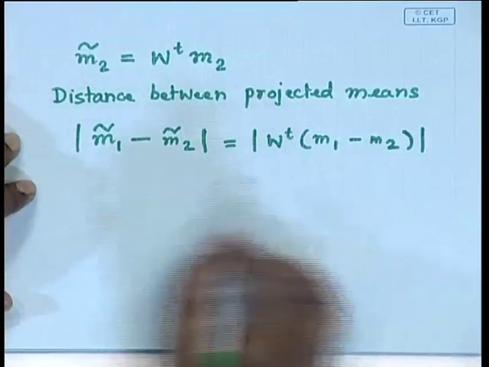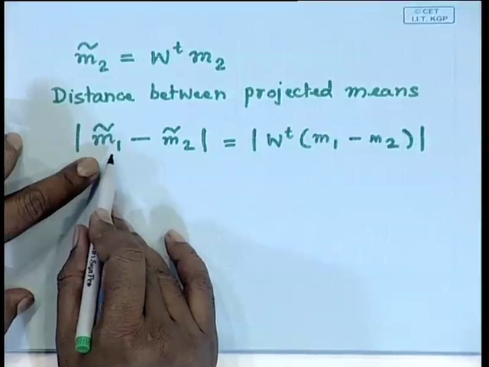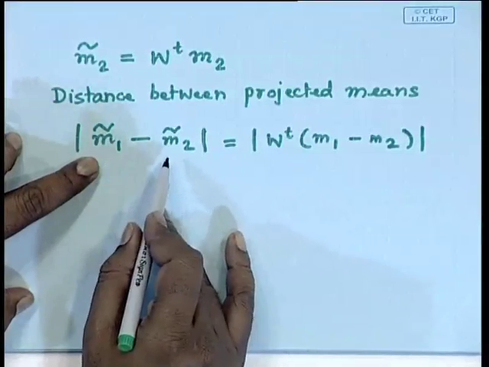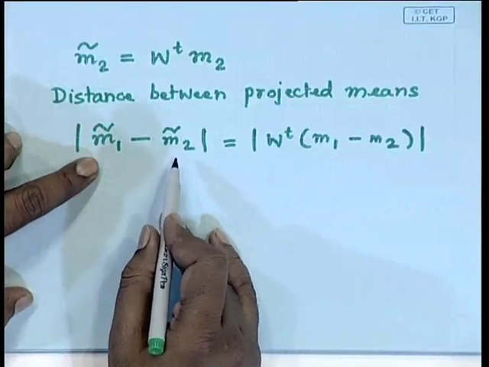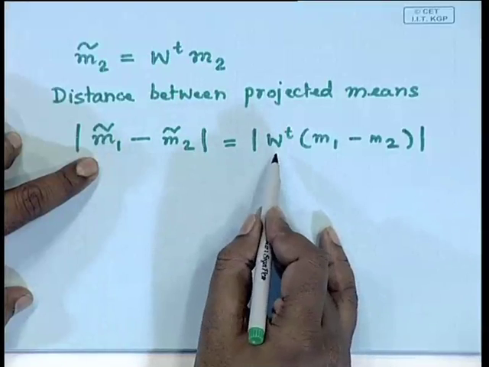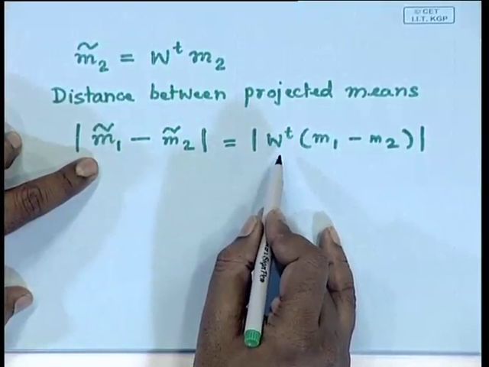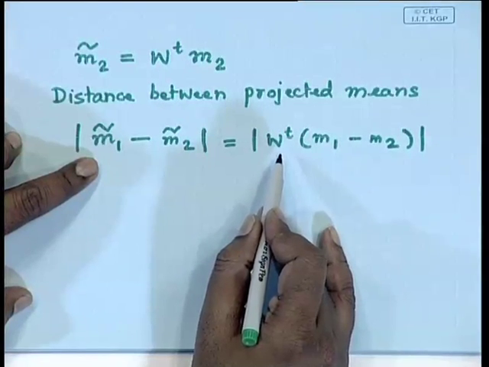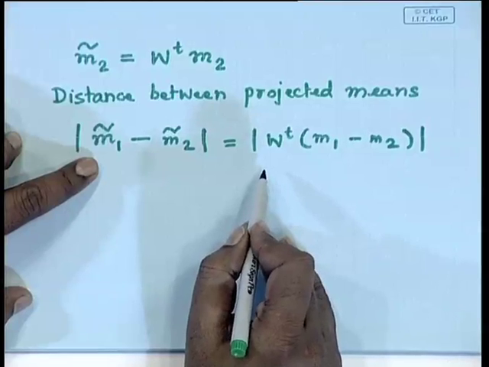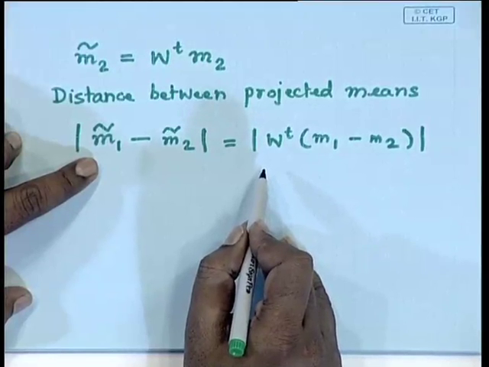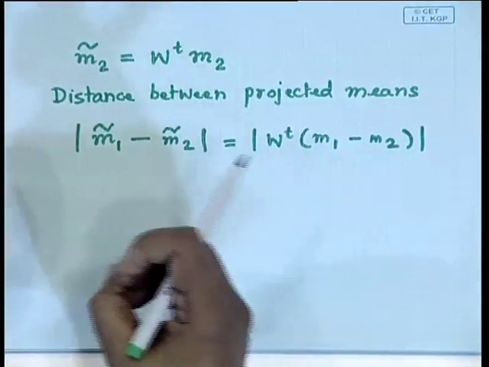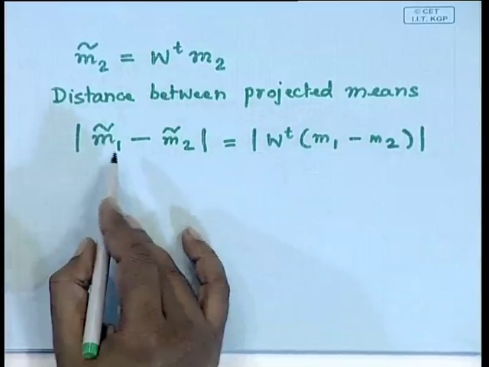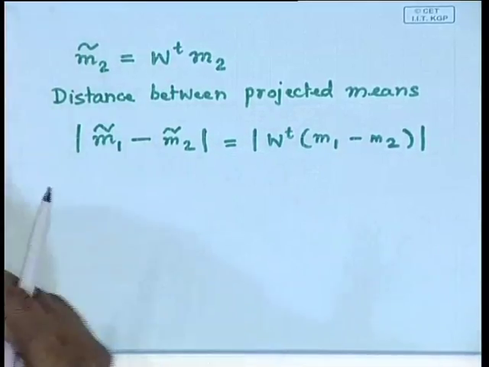Now, I find that I can increase the distance between M_1 tilde and M_2 tilde by simply scaling up W. Here I have assumed that the modulus of W is equal to 1. If the modulus of W is more than 1, then the distance between M_1 tilde and M_2 tilde will go on increasing.